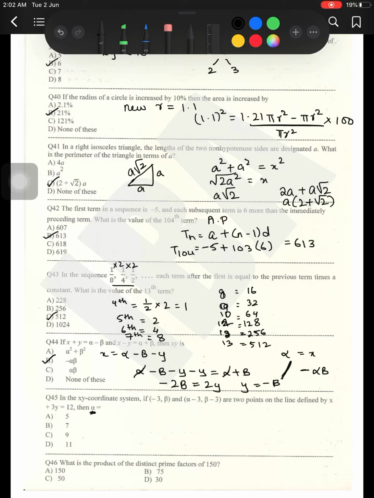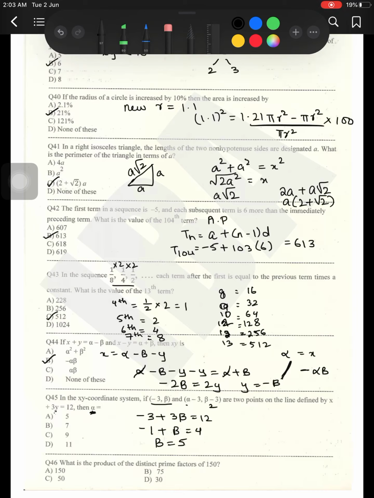I didn't read the question clearly. I'm going to do this again. So what we're going to do is substitute the coordinates into this equation. So it's going to be minus 3 plus 3 this is equal to 12. So it's going to be minus 1 plus this is equal to 4.